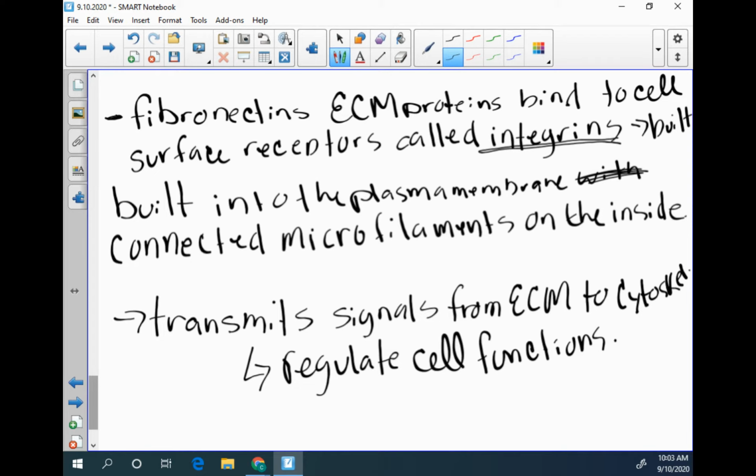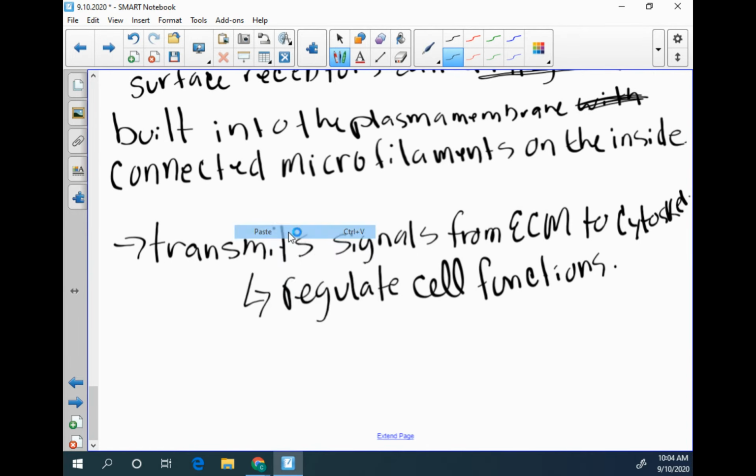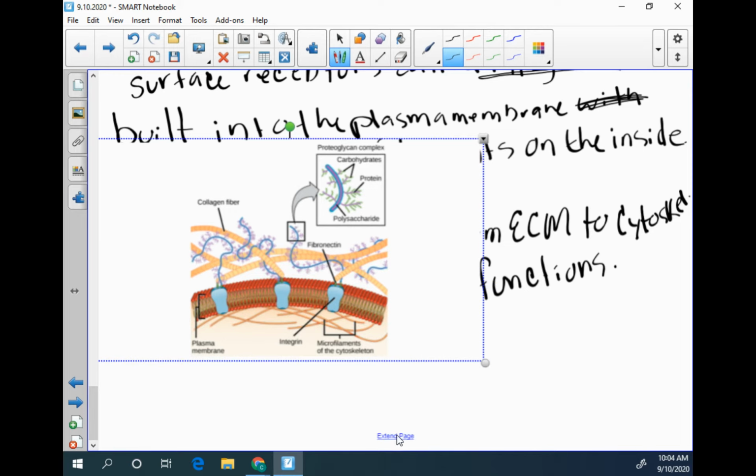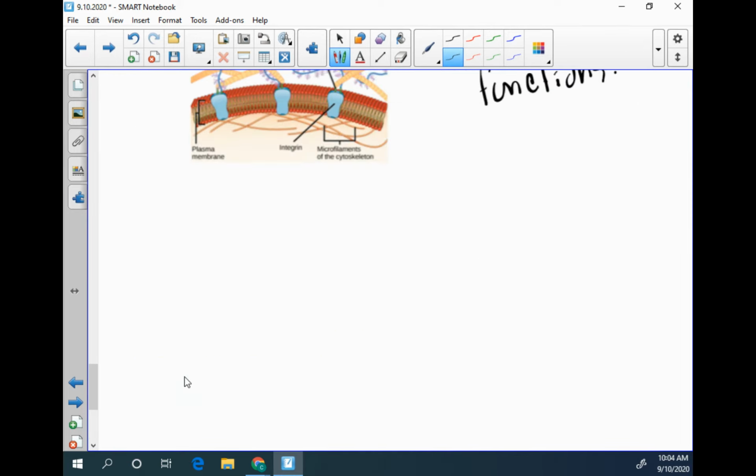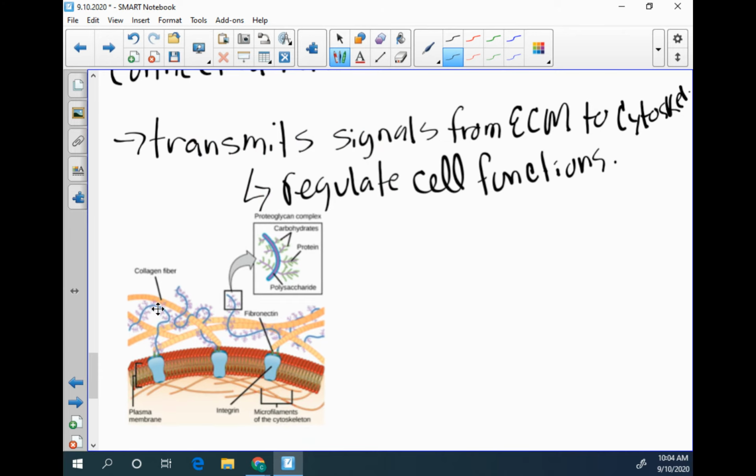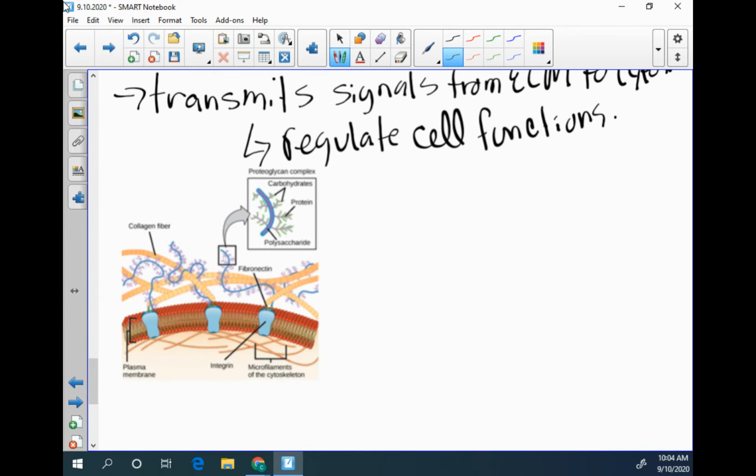So I'm gonna pull up a picture real quick because I feel like pictures help. All right, it's a little hazy, so we'll kind of doodle it next to it.